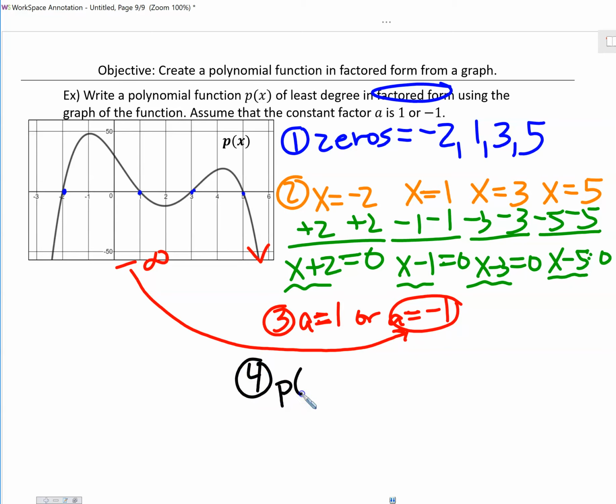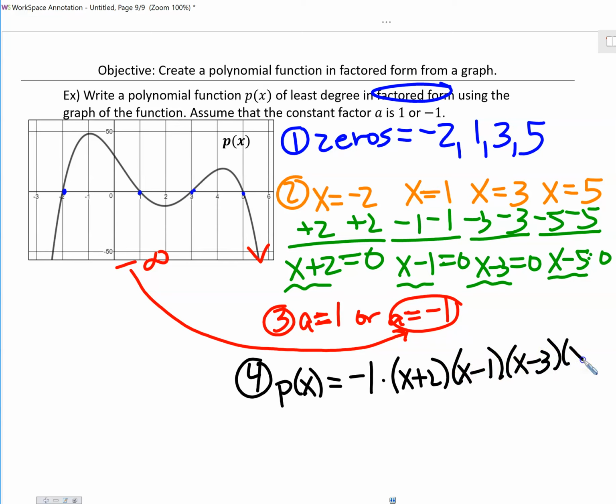So make sure I start with p of x equals, then my a. Now this time all of my factors are binomials, so it doesn't matter what order I put them in, like so. So no repeated factors, so I can't do any quantity squareds or anything like that.